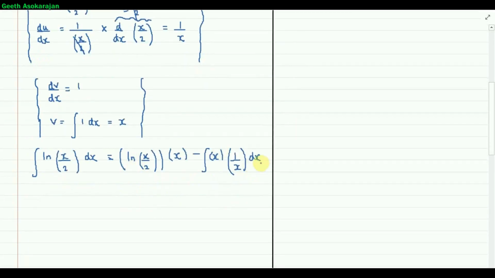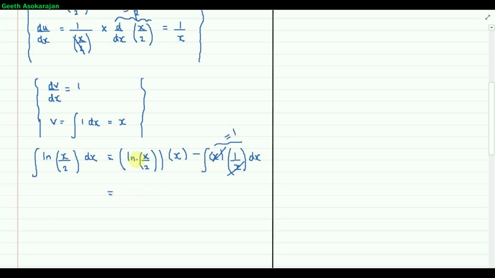Now don't rush with the calculation, so first try and make it smaller. I can definitely do a cancellation within the integral to give me 1. When I do the cancellation, the result will give us 1 to integrate.